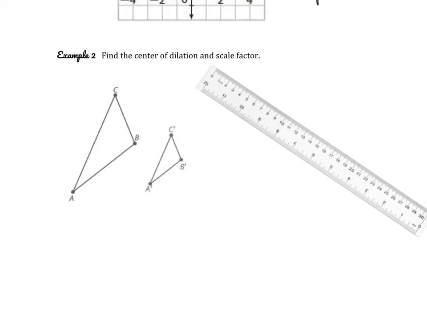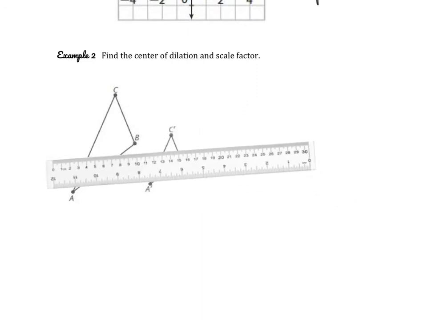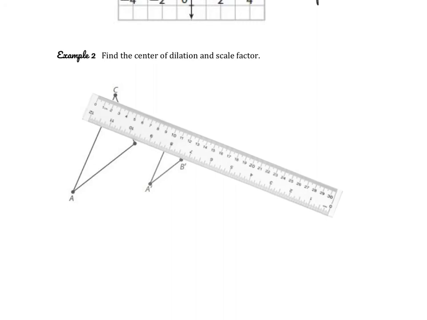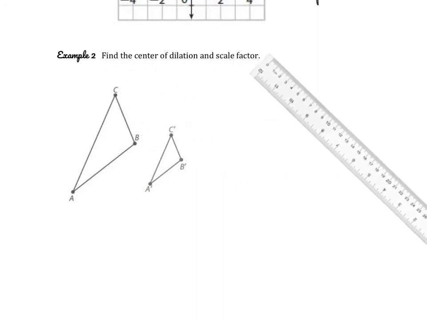So here, the way you find the center of dilation is you're going to take your ruler and line up the corresponding points. Then you're going to draw a line that goes through and extend it. And then you're actually going to do that for all three. So you're going to do the same for B and B prime, and then for C and C prime.